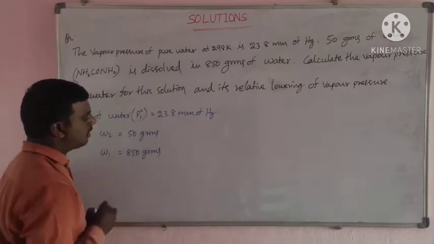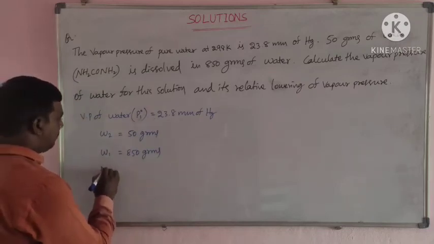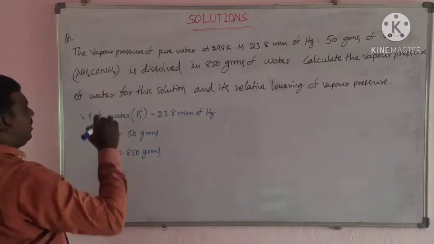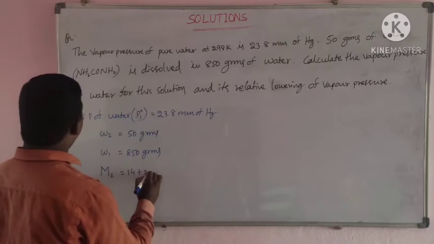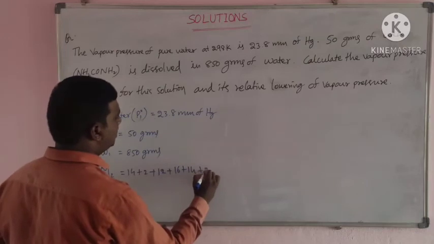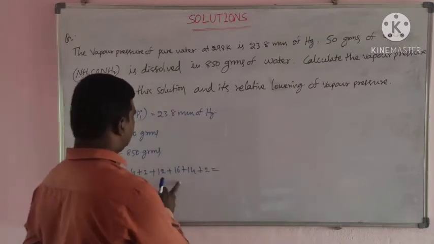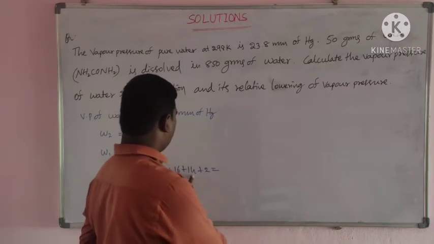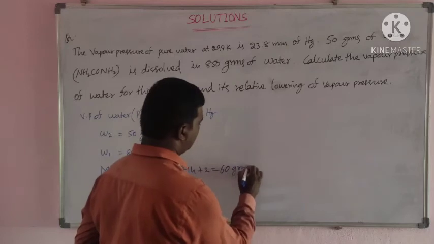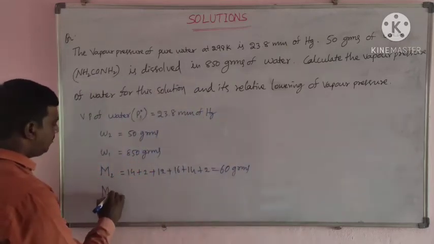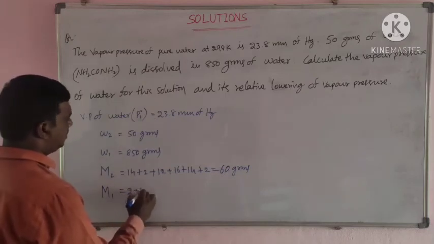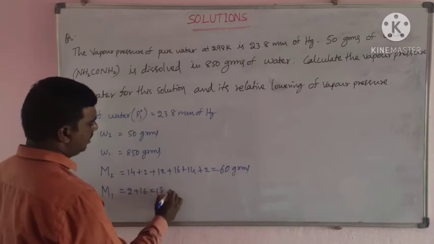And molar mass of solute is 14 plus 2 plus 12 plus 16 plus 14 plus 2, that is equals 60 grams. And M1, molar mass of solvent, is 2 plus 16, 18 grams.